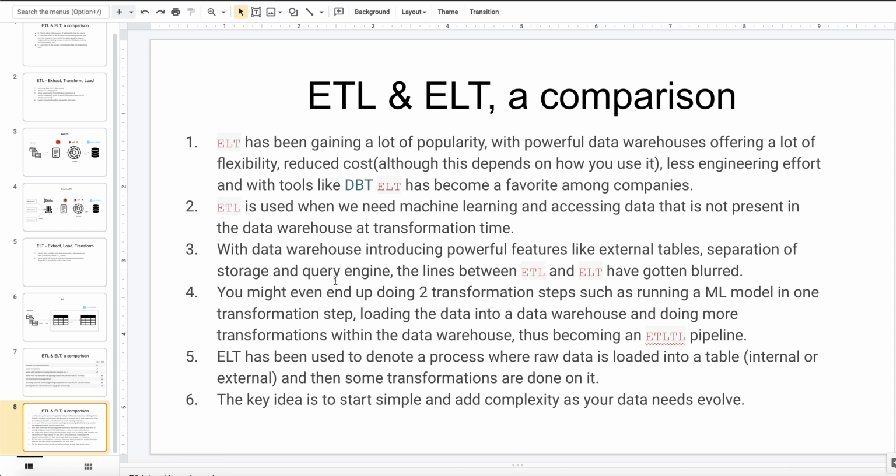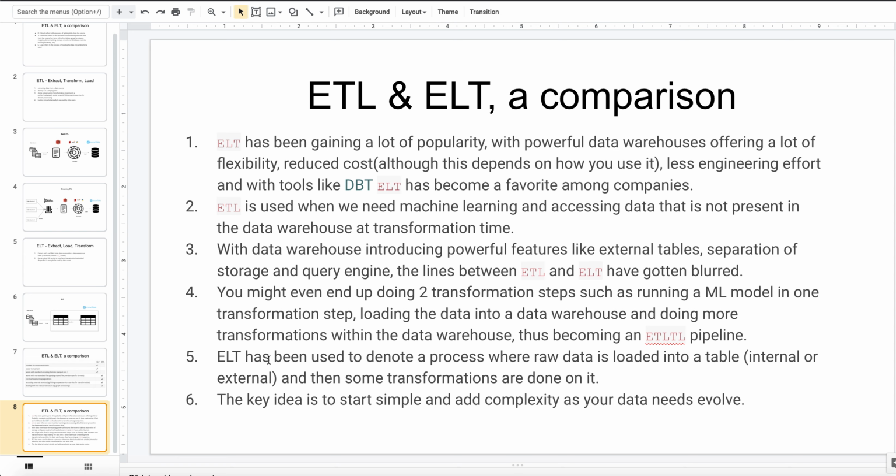And then you load that data set into a data warehouse table, and then you do the transformation, which is joining to other tables within the data warehouse, and then you load it into a final table ready to be used by your data user. So technically, this will be called the ETL pipeline, but in most cases, people just call it ETL pipeline. And recently, ELT has been used to denote a process where the transformation occurs only within the data warehouse.